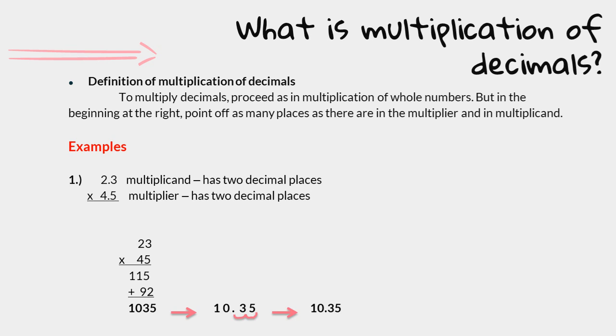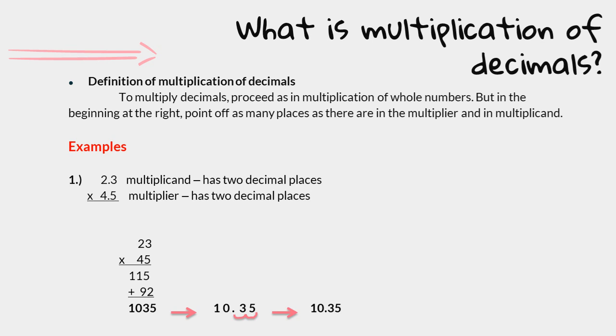To illustrate these steps, let's solve some examples. Okay, for the first example, we have 2.3 times 4.5. Si 2.3, ayan po ay tinatawag natin multiplicand. Then yung ating pangalawa ay 4.5, yan naman po ay tinatawag natin multiplier.